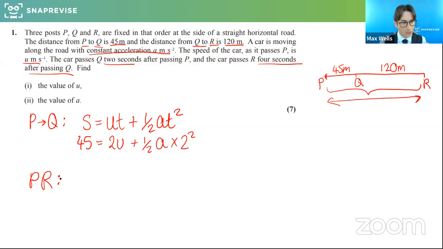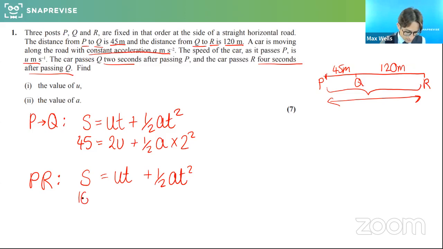Then from P to R, welcome back if you've left. I'll answer some of these questions as I go through this one, because there are some good points being raised about how difficult this is comparatively. But this is a really crucial topic, so that is worth bearing in mind.